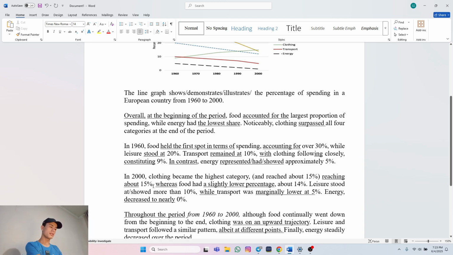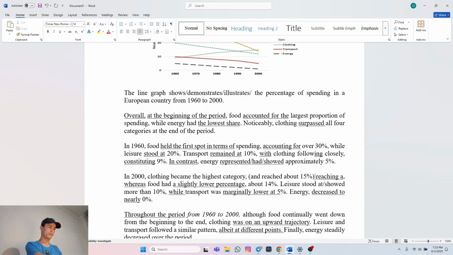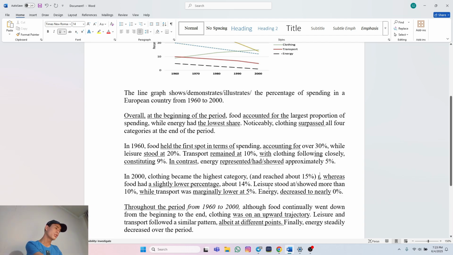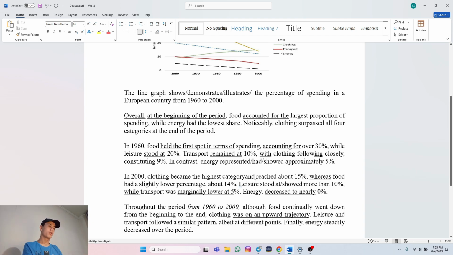Okay, in this case, we delayed this one in order to avoid redundancy. Okay, this is a good idea, I think. And whereas also means while, something like this.